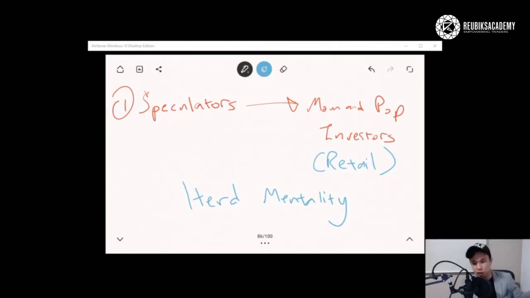Just because she invested, you're going to invest. So the mom and pop investors are very subjected to the herd mentality, which is bad, because when you follow the herd, you usually suffer with the herd. As we go on in this beginners series, you will learn more about why having herd mentality is the worst. Now that's the first group: your retail, your mom and pop investors, your speculators.